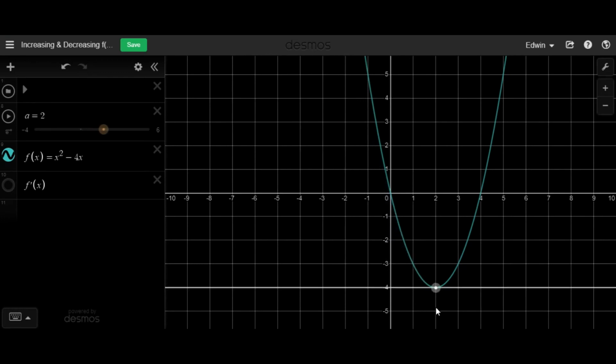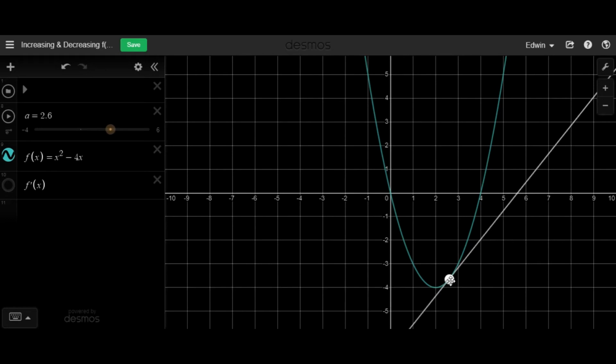If you see a horizontal tangent, you automatically have a stationary point because your function's not increasing or decreasing there. And if your function actually turns around, changes direction, that stationary point is a turning point. And notice now our tangent slopes are positive and our function is getting bigger and bigger and bigger and goes off the screen.